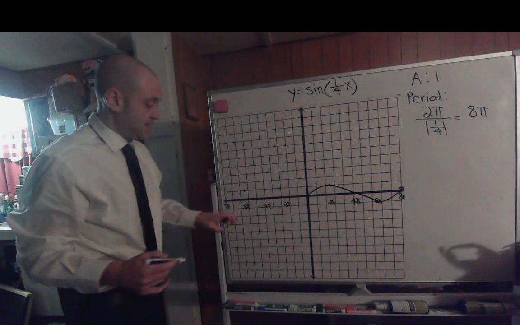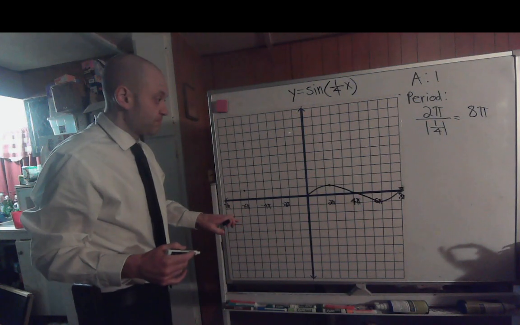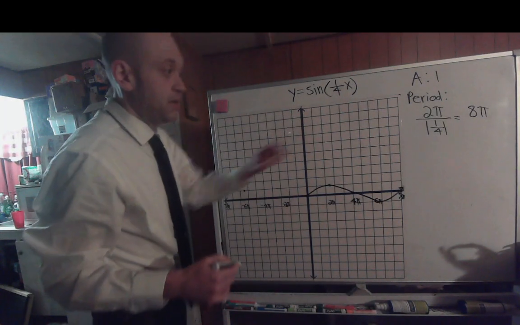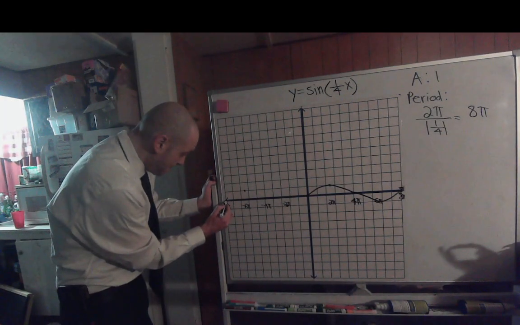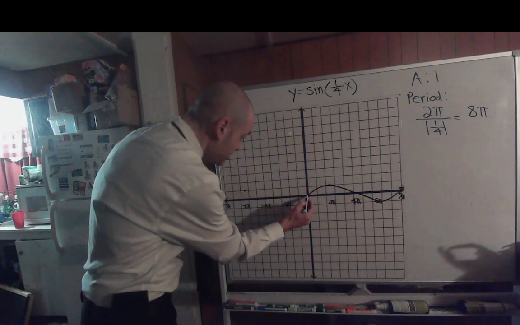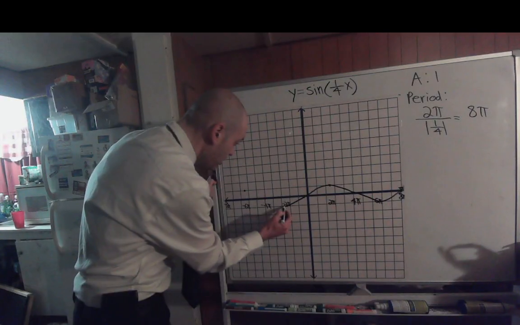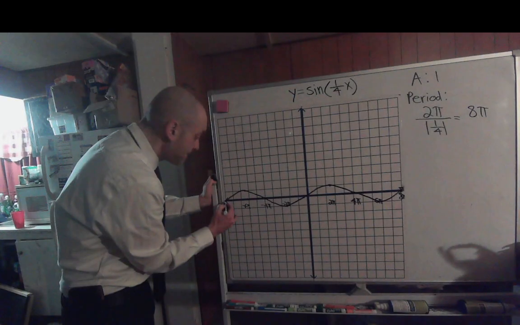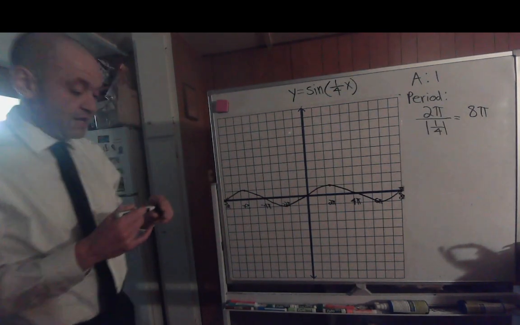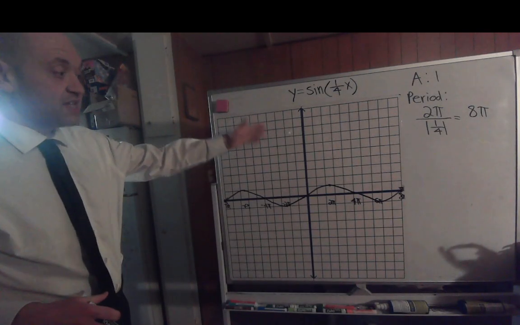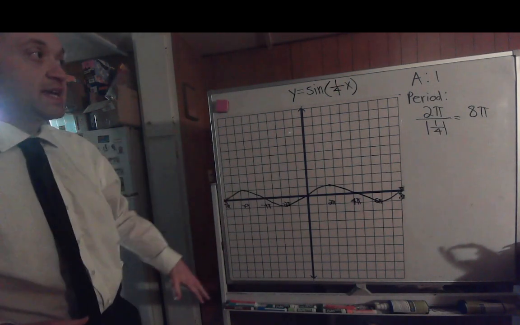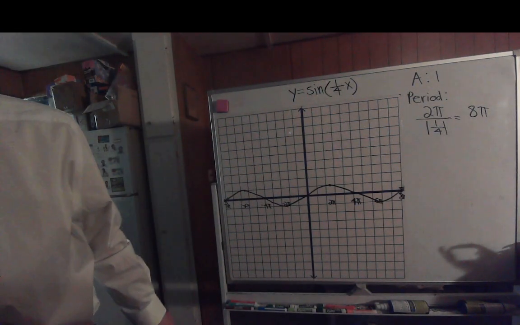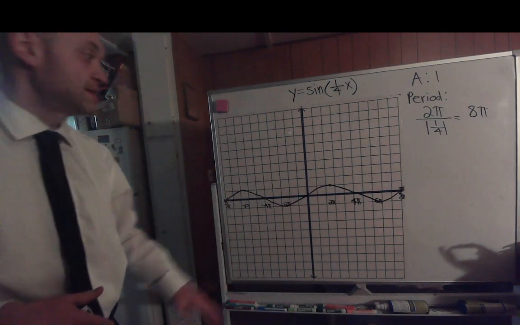And then the negative 8 pi, well, that's going to end up being negative 2 pi, which would be 0. So now you can draw a nice continuous curve going this way. And there is your curve of the sine function that oscillates again with a period of 8 pi, with all your points clearly labeled on the axis.